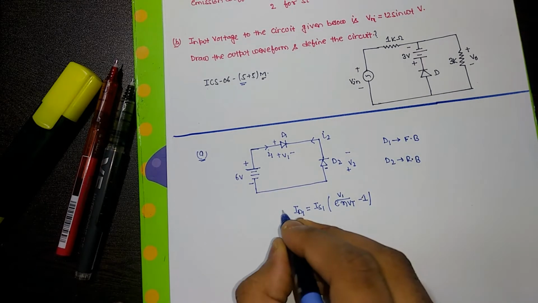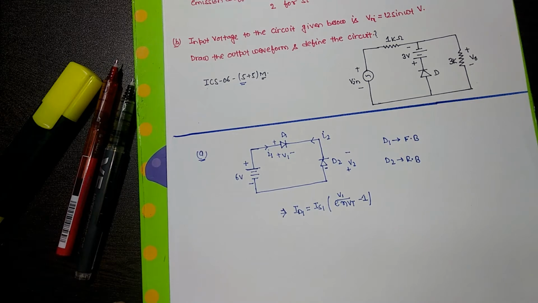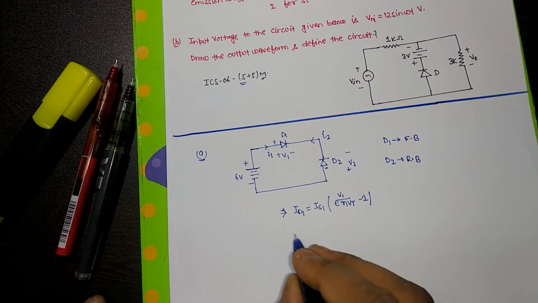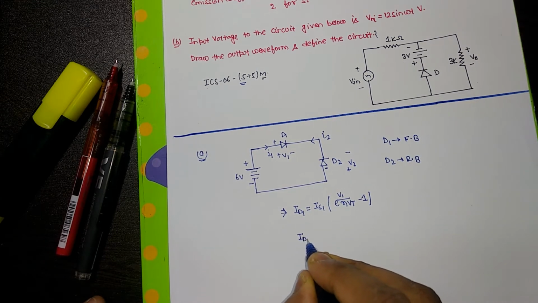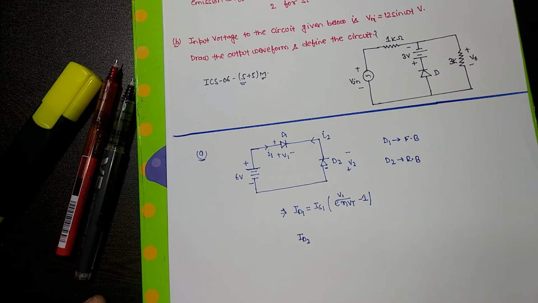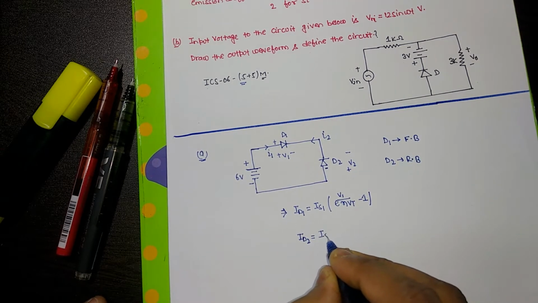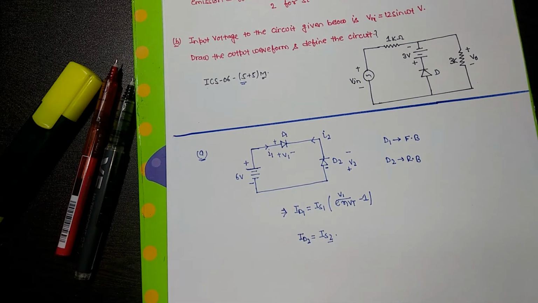This is the basic diode current equation. Now, as D2 is in reverse bias, the current through diode D2 will be just the saturation current IS2. There is no need to dwell on these things because this is very basic.